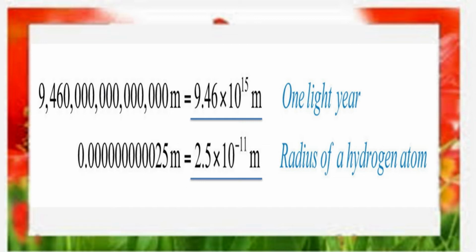See how fastly I read this 2.5 into 10 power minus 11 meter, but it took long time to read the number 0.000000000025 meter, which is the radius of a hydrogen atom. For this purpose only, the standard notation or scientific notation is used to write the number shortly, which is to save space and also time for us.